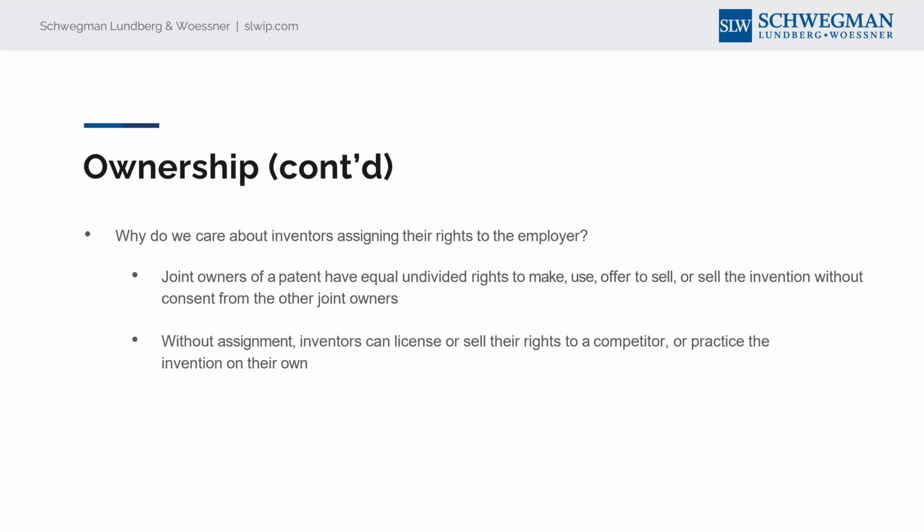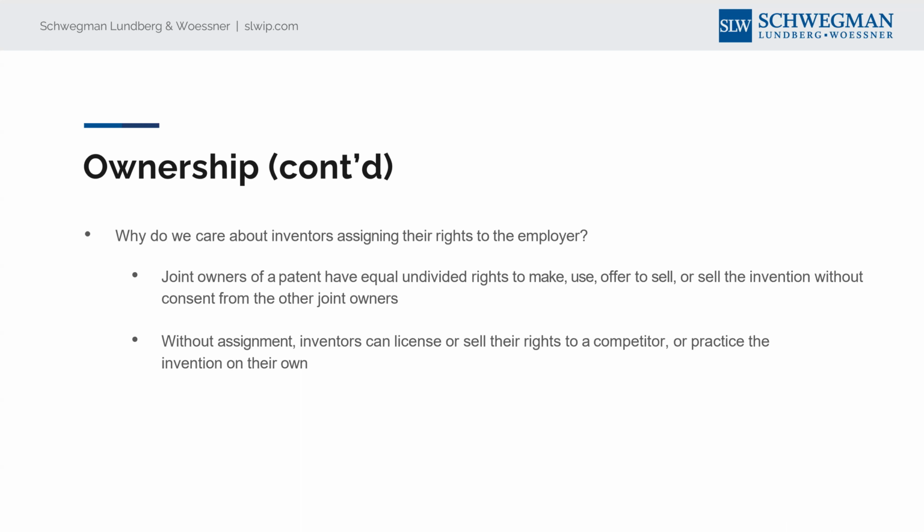So what does that mean? Let's make it easy. Say you have two inventors on a patent. Each inventor who hasn't assigned any right in that patent can do whatever they want with their rights in the patent. So person A could hold on to their rights, and then person B maybe sells or assigns their rights to some different company.